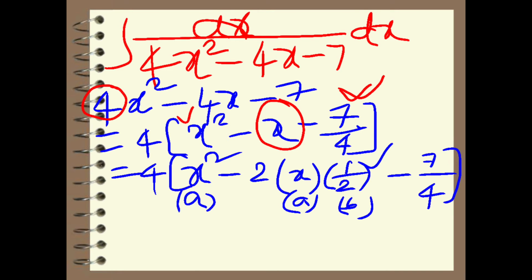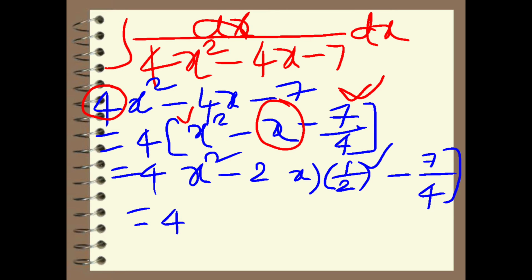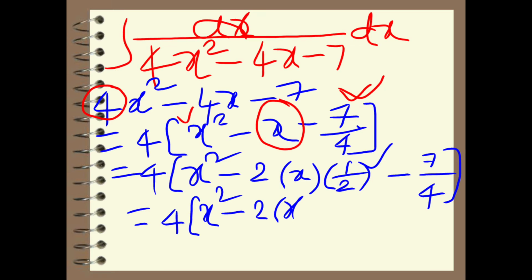So this is equal to 4 of, which I am erasing here because you will get some confusion if it is there. 4 of x square minus 2 into x into 1 by 2.